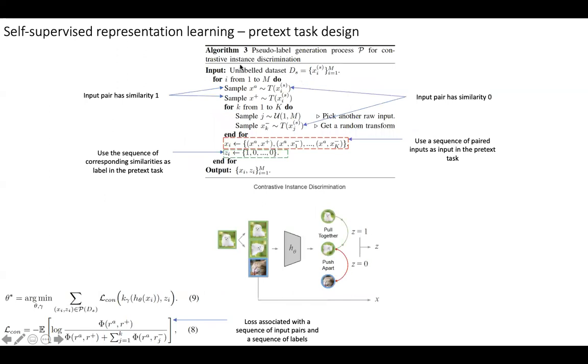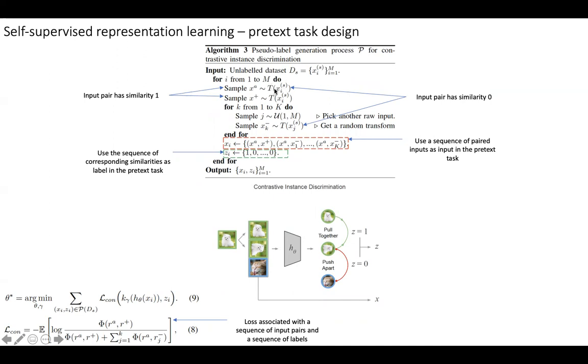And for the contrastive instance discrimination, as we just mentioned, for each of these images, we will sample one from the transform. In the first step, we get a distribution of the image.